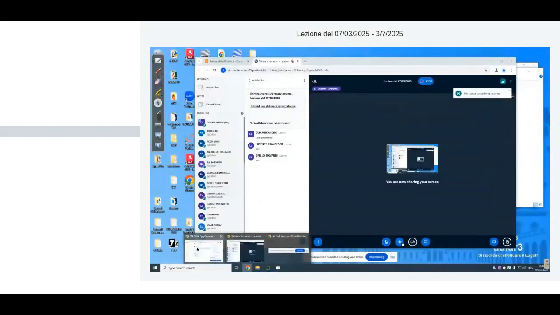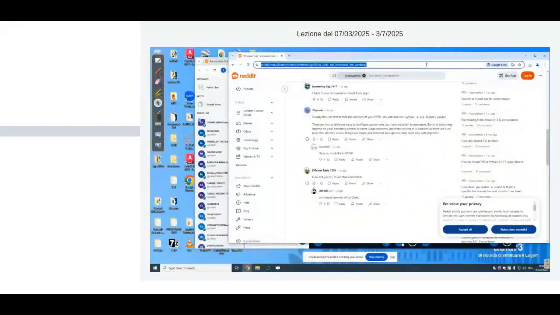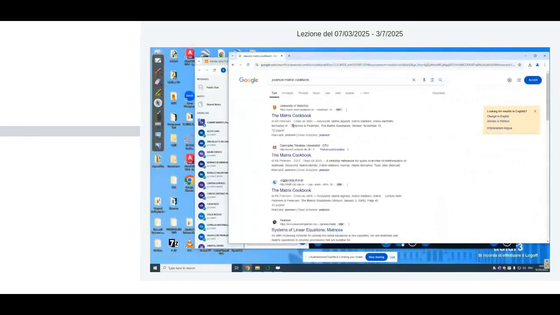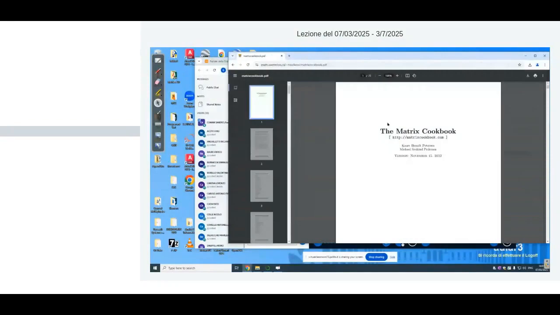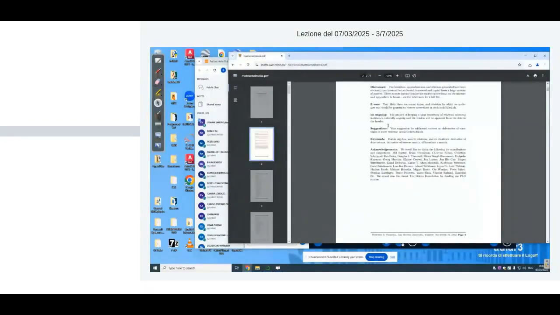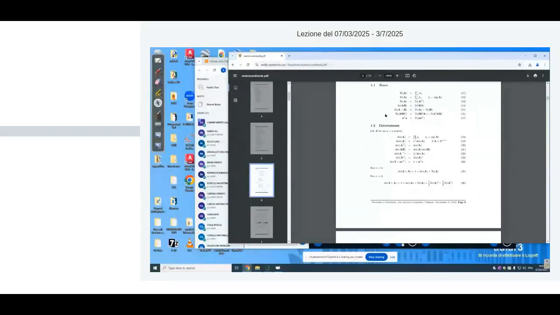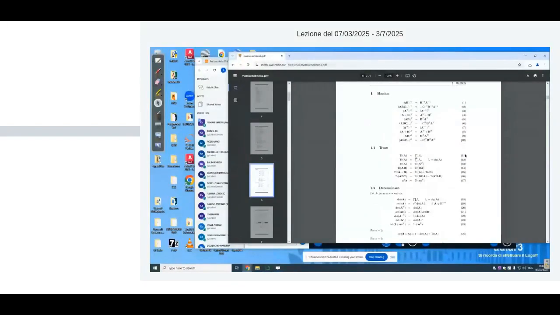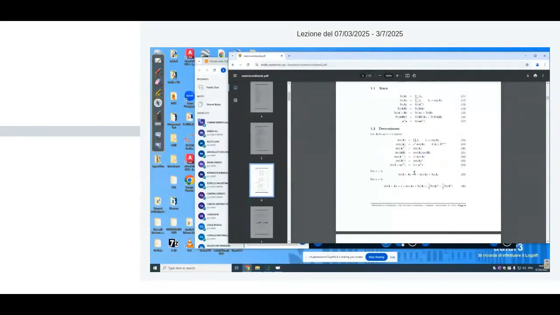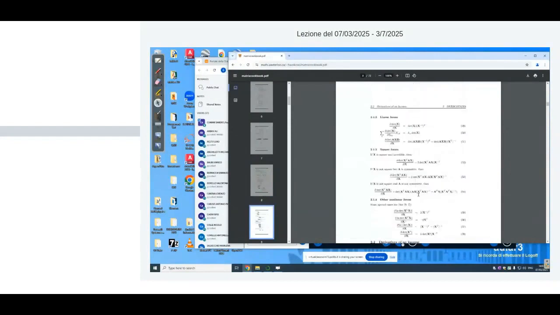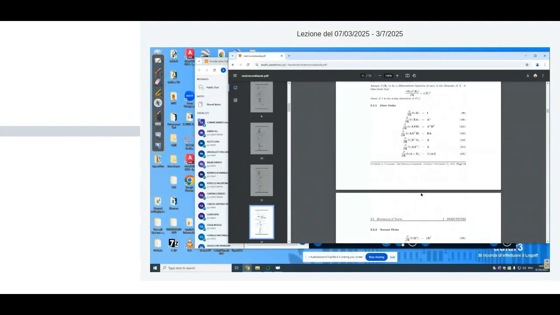I hope it's still online because I didn't check. It contains lots of results on properties of matrices. So, for example, properties of trace, determinant, derivatives, and so on, much more than we will actually need.